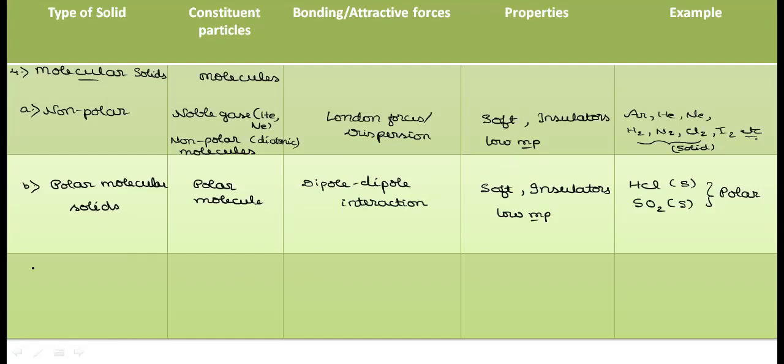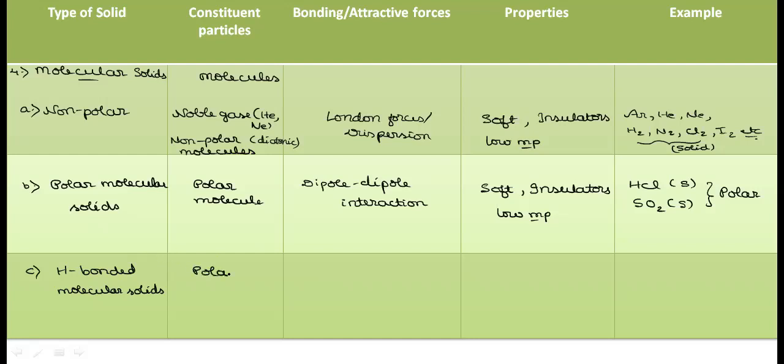Now, if we observe the last type of molecular solid, it is hydrogen bonded molecular solids. Here we are going to see the molecules as a special type of polar molecules.